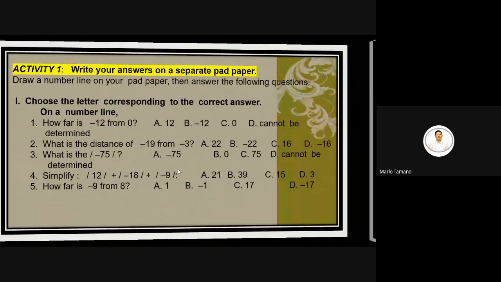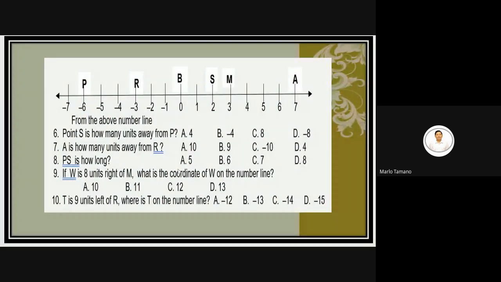Dito na kayo sa number 6. So you start answering from this number 6. Pakipicture na po. Ito po yung activity number 1 ninyo para sa week number 3. Ito po ang inyong sasagutan. Number 6, number 7, number 8, number 9, number 10.